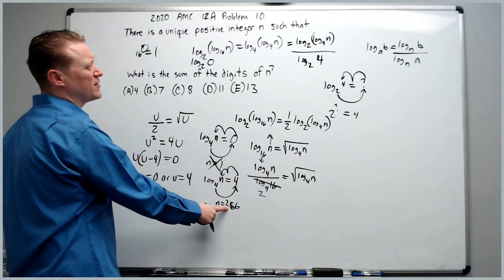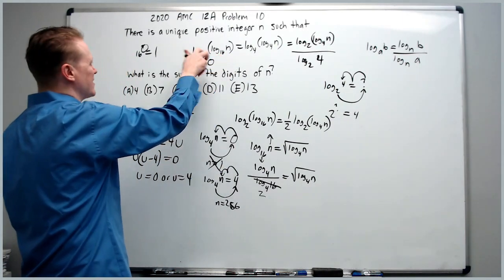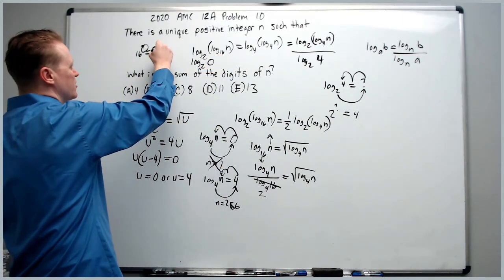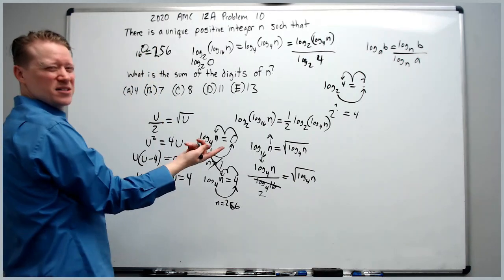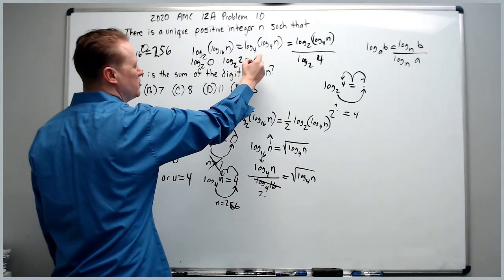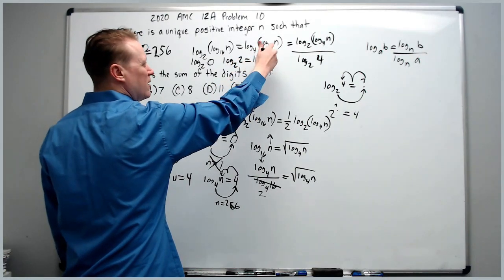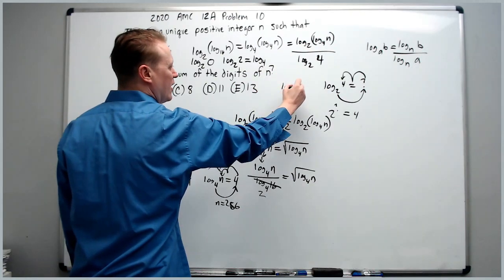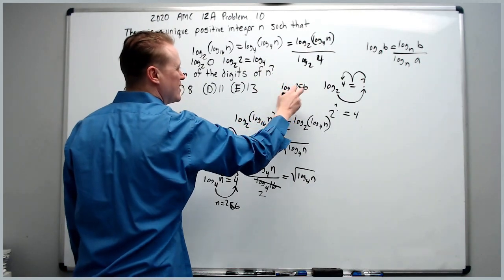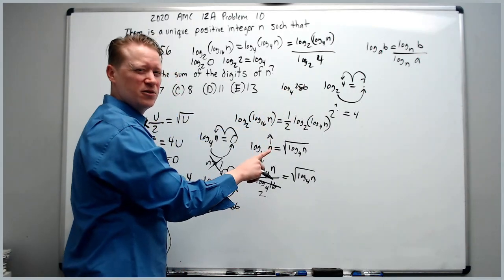Let's try 256. If we plug 256 in, it's 16 to some power equals 256. Well, the power is 2, we already know. So this will say log base 2 of 2 equals log base 4 of 256, which is the inside part right here. 4 to what power equals 256?